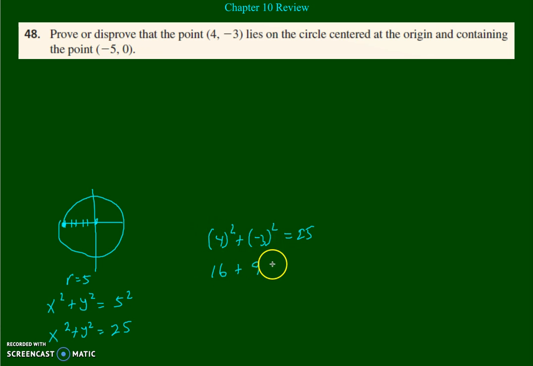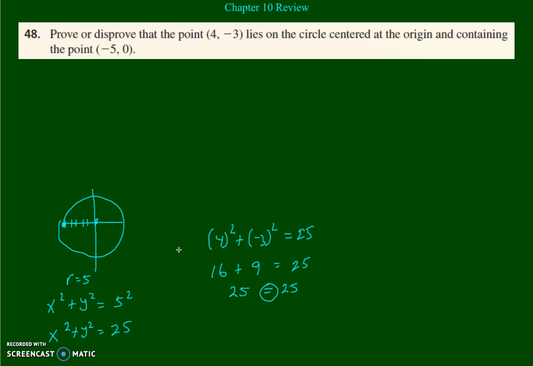Negative 3 squared is 9 equals 25. 16 plus 9 is 25. 25 equals 25. So yes, this is true. This point is on the circle, and we've just proven it.